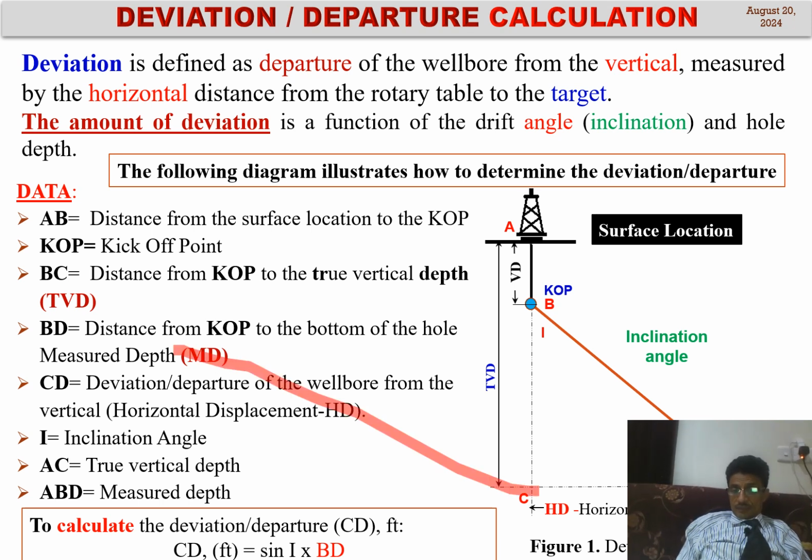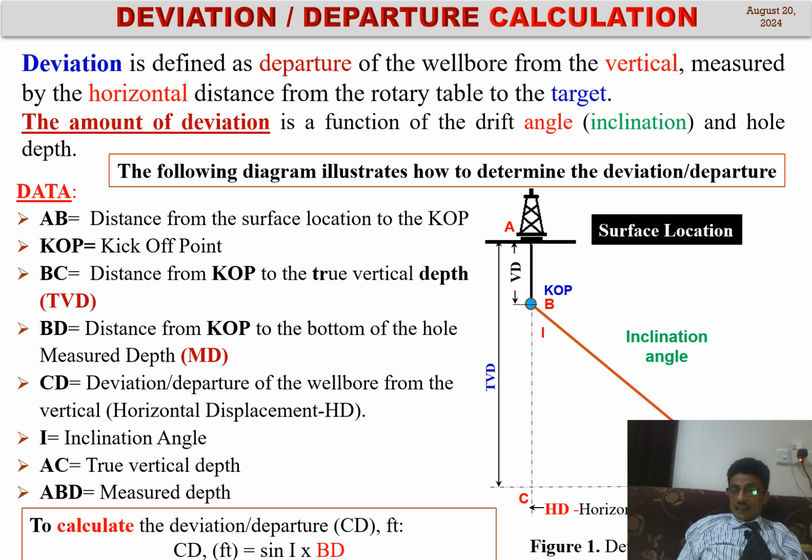BD is the distance from the kickoff point to the bottom of the hole, the measured depth. It is longer than the true vertical depth. CD is the horizontal displacement from the vertical side of the surface location of our well to the target of the reservoir.